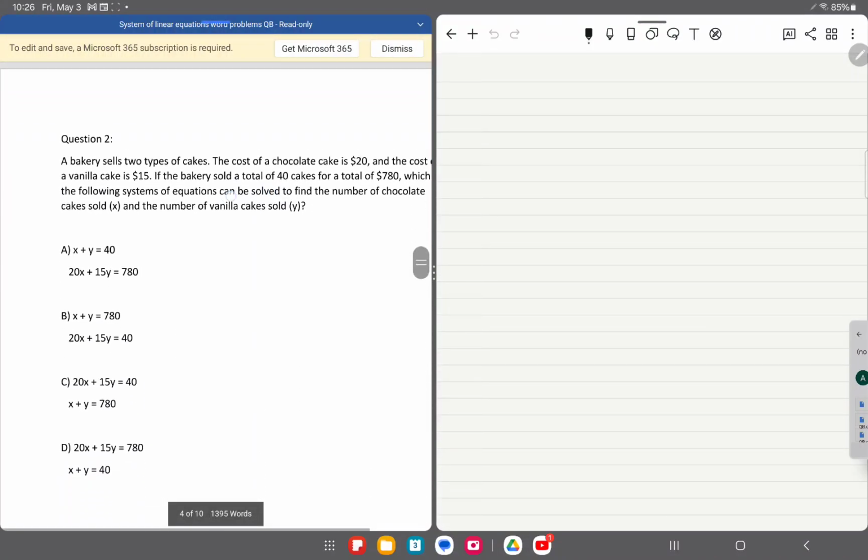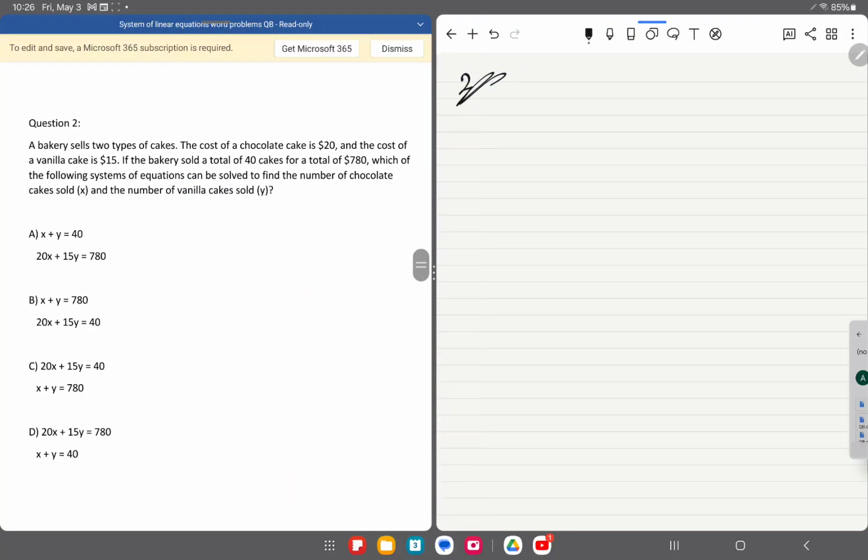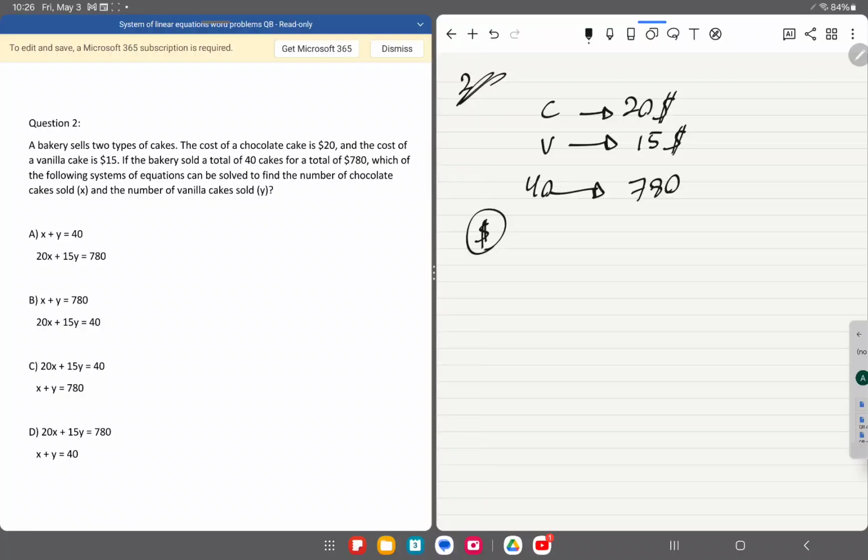So let's go to question 2. A baker sells 2 types of cakes. The cost of a chocolate cake is $20, and the cost of a vanilla cake is $15. Now, if the bakery sold a total of 40 cakes, same logic, 40 cakes, 780 dollars, I'm going to focus on the dollars. $20 for chocolate and $15 for vanilla is going to be equal to 780.